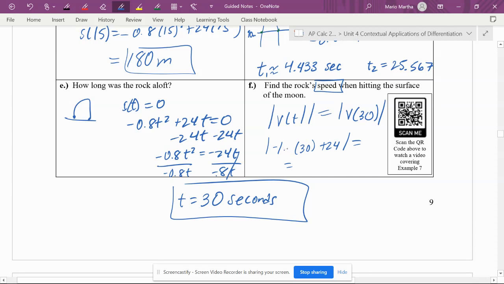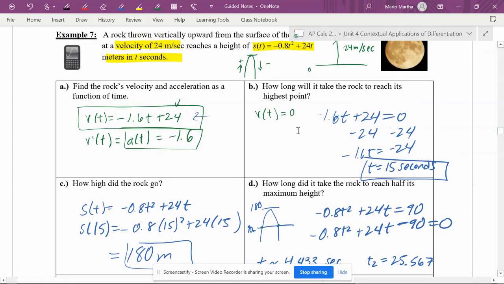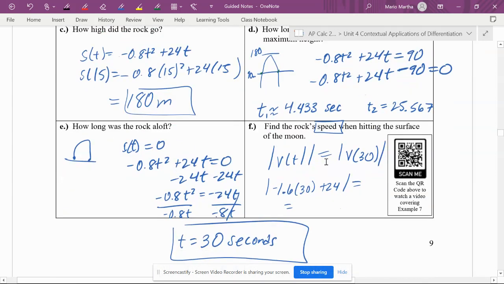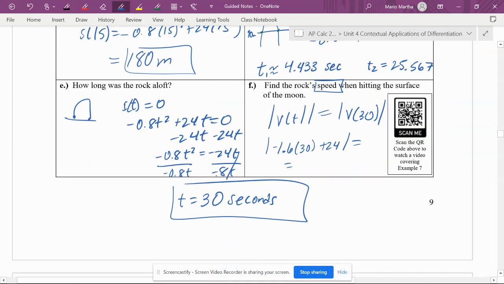Yes, negative 1.6, my bad. From there, we come to the conclusion that this is equal to 24 meters per second. That's how fast it was going when it hit the floor.